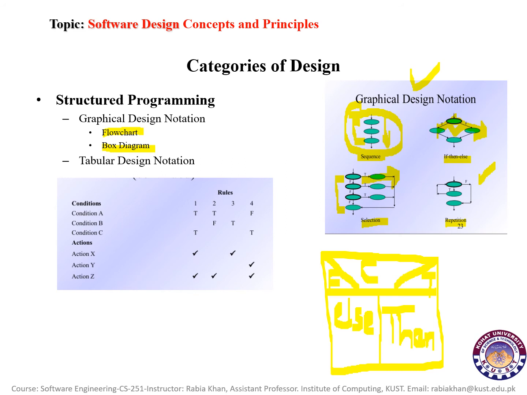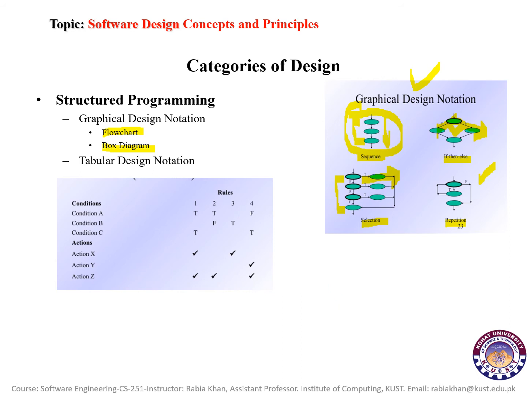Similarly, if you have to draw the repetition, such as this one, this is the repetition, while do while sort of. So if you have to draw the repetition, again a box is drawn for two types of repetitions, while do and do while. Then another small box is created inside this one.